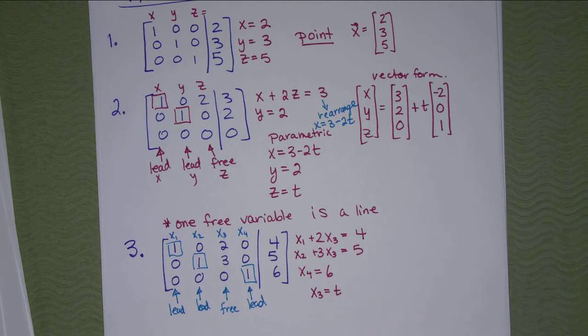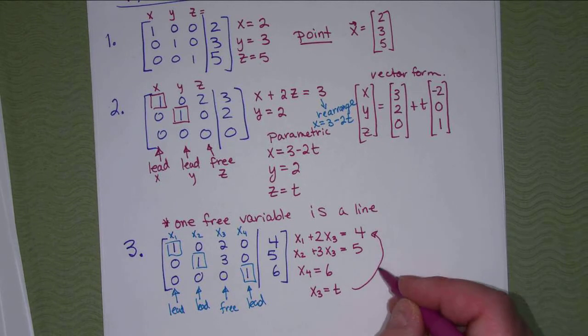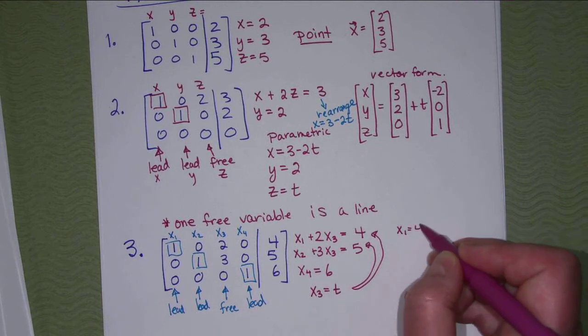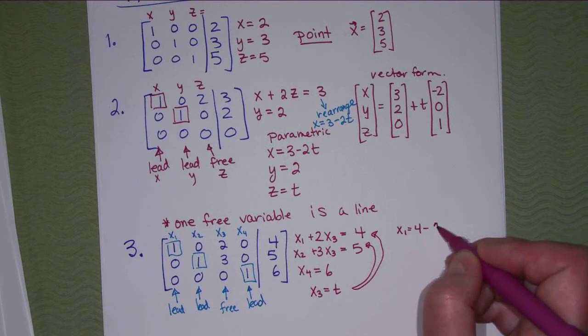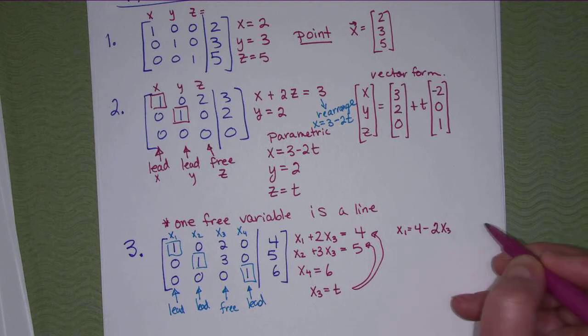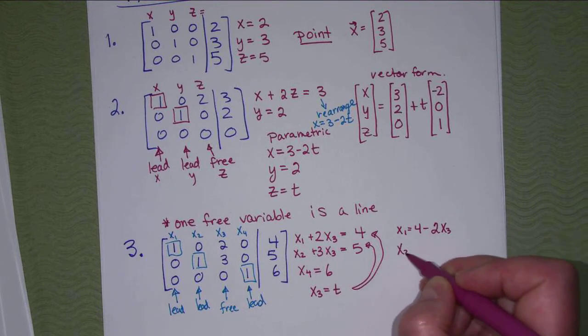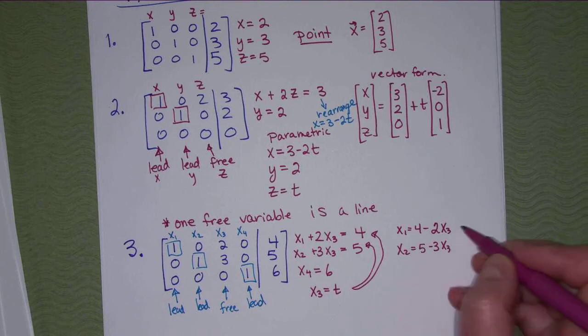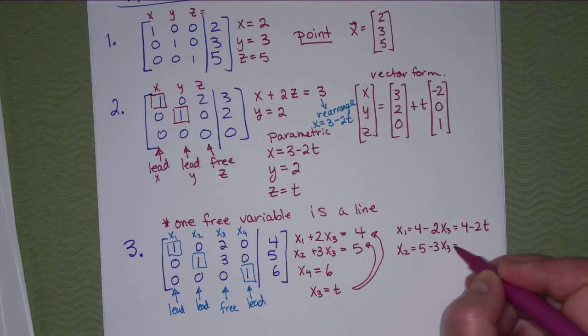So you would put this in here and in here where there's an x3. So x3 is t, so you'd say x1 is 4 minus 2t and x2 is 5 minus 3t. So you just move that free part over to the other side.